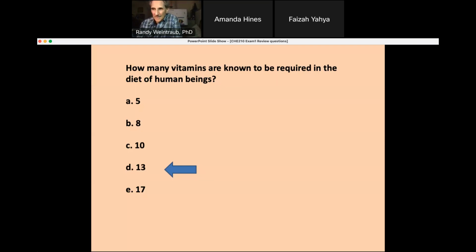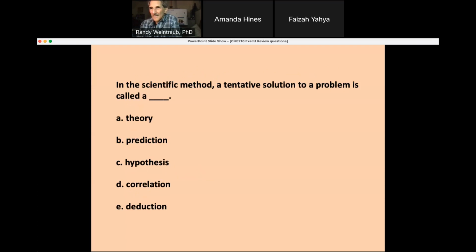The understanding weight control and diabetes and obesity, these are still very active areas of research. Scientific method, a tentative solution to a problem is called a hypothesis. Certainly be a question related to scientific method, one part of it or another.